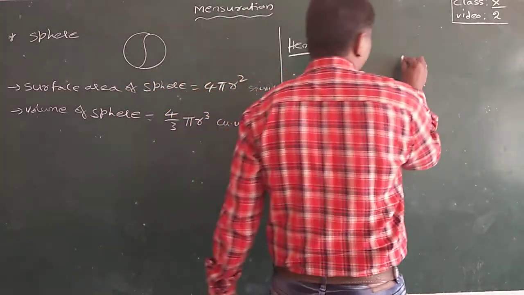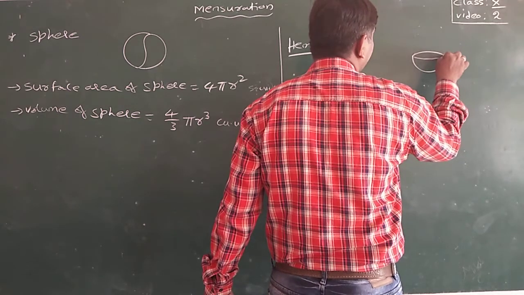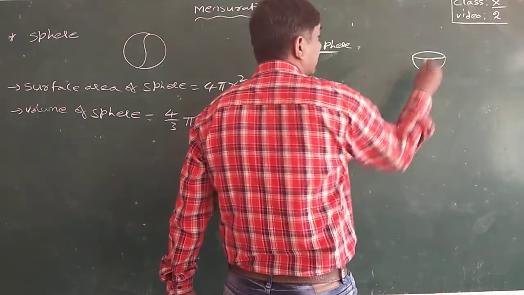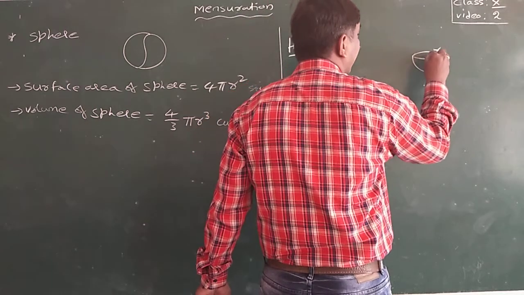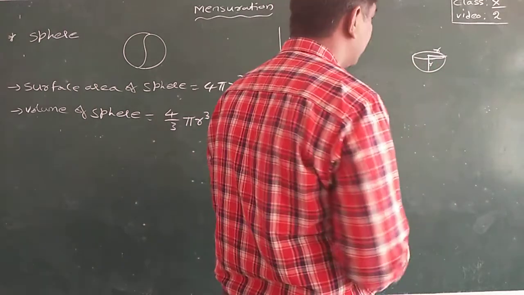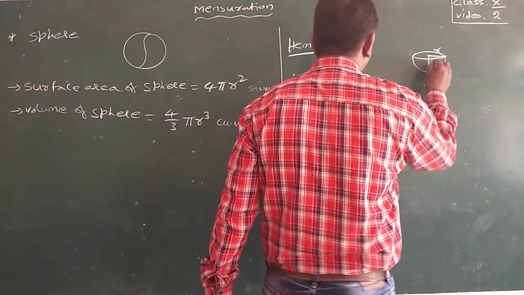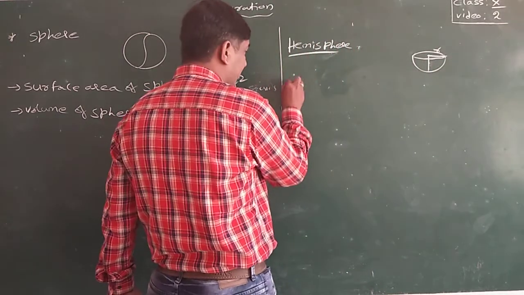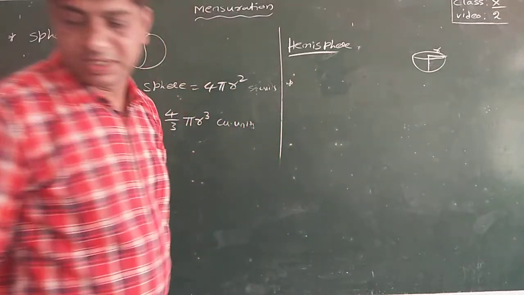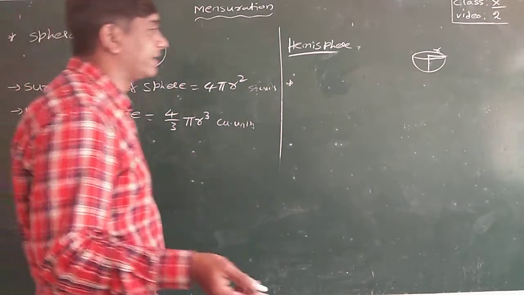In hemisphere, if you cut a sphere into two halves, then you get a hemisphere. So here radius and height of the hemisphere are same, radius only. Okay, height of the hemisphere and radius are same. So in hemisphere, CSA and TSA are different.